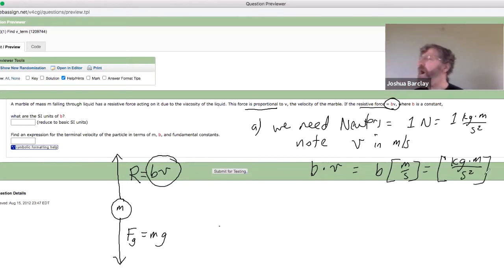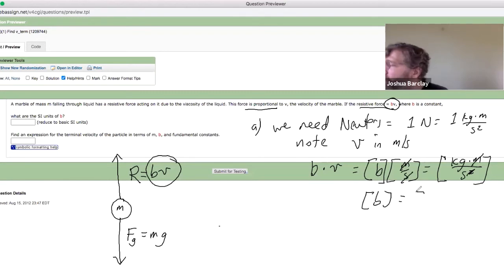So how do I get the units for B? You could literally just solve for them. Is there anything I can cancel on both sides? Meters over seconds. I can cancel the meters, and I can cancel one of the seconds. So the units of B are kilograms per second. Boom, that's it. Does that make sense? It's kind of like just solving everything, but using only the units. The units for B are kilograms per second.